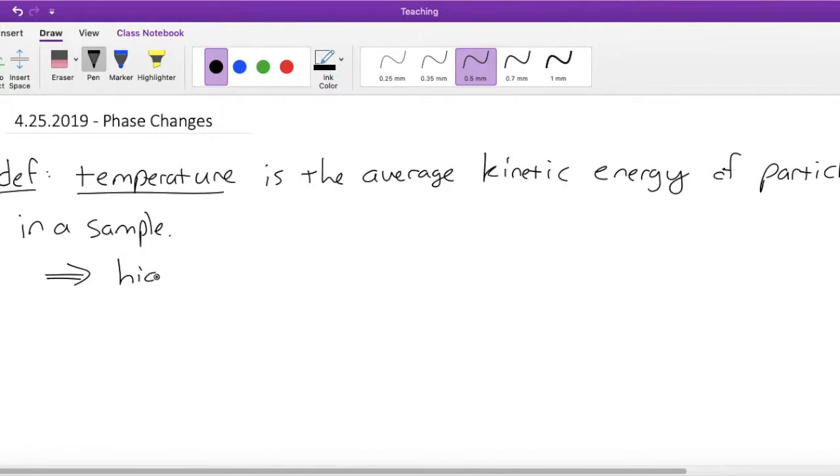Okay, so higher temp equals faster particles. It's as simple as that. The opposite is also true. If you have colder temperature, that's slower moving particles.